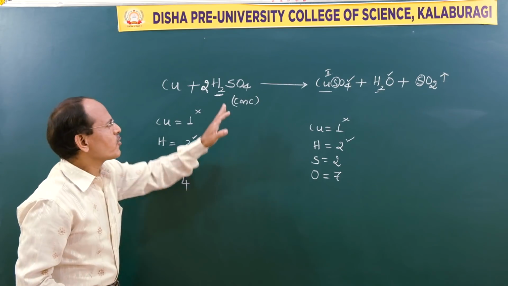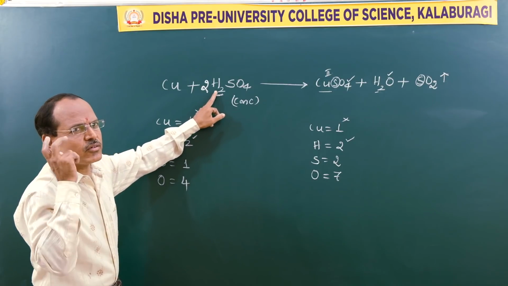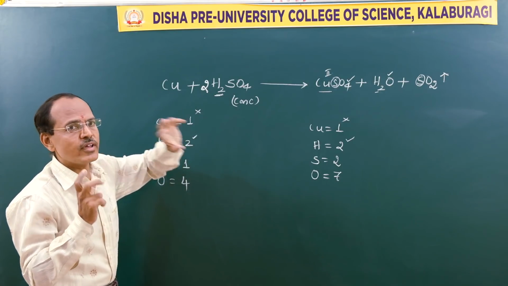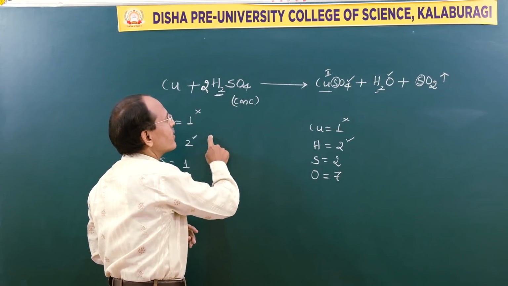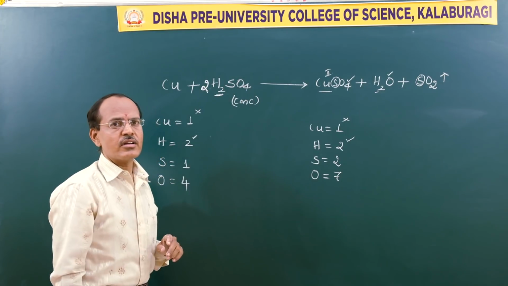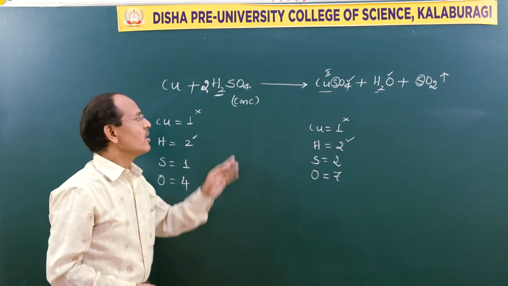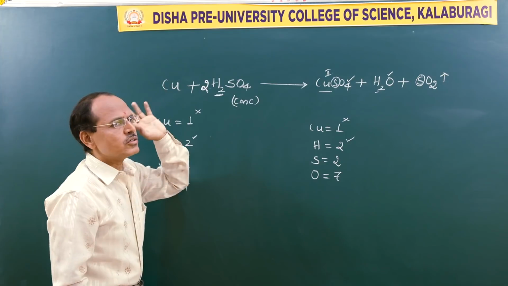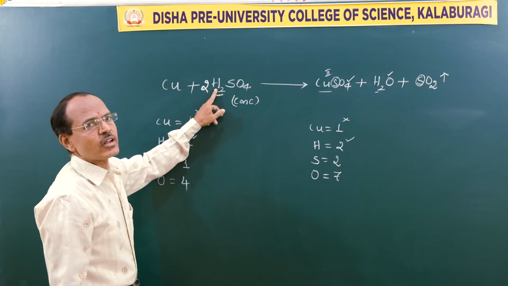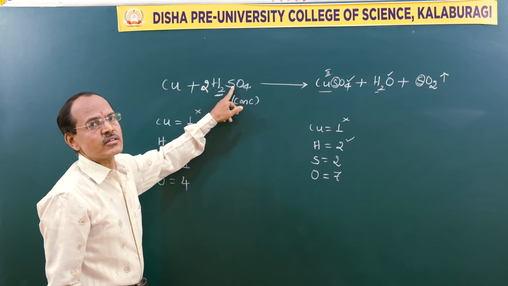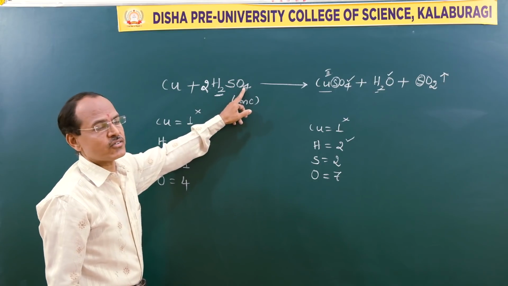That means if you are balancing hydrogen, you should also see what happens with sulfur and what happens with oxygen. Your thinking should be in a broader sense. If you are putting 2, don't target only hydrogen, target sulfur and oxygen also.